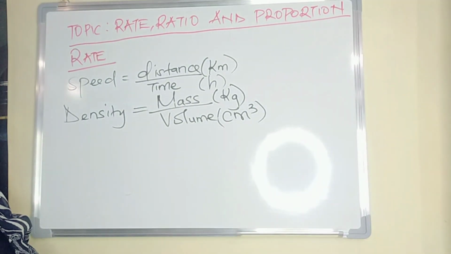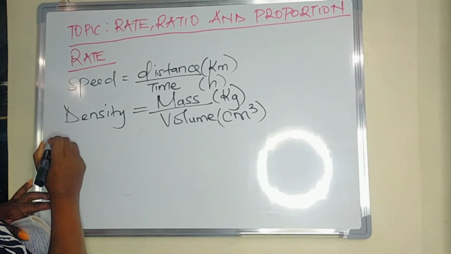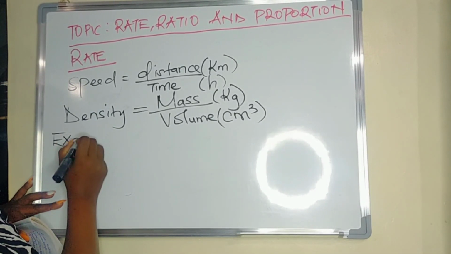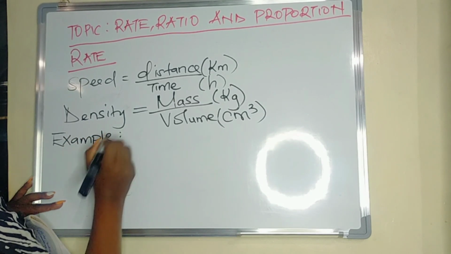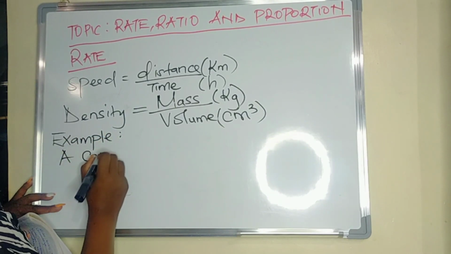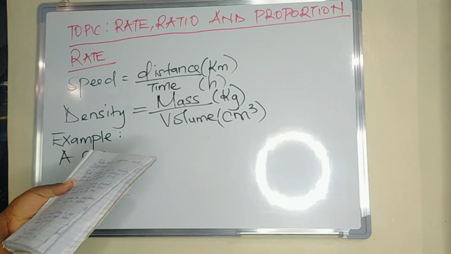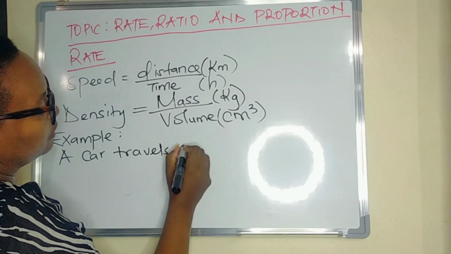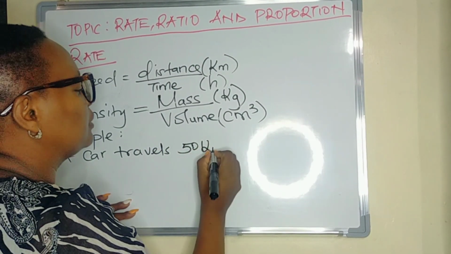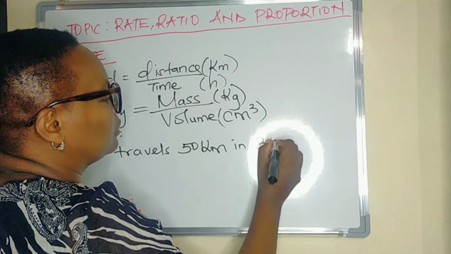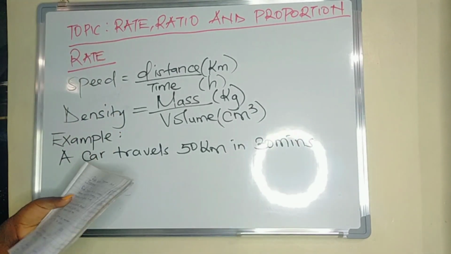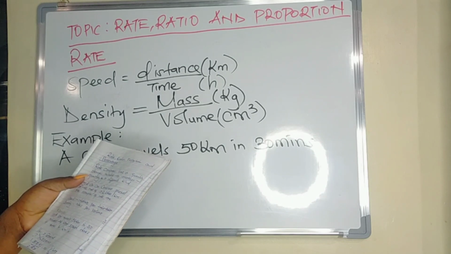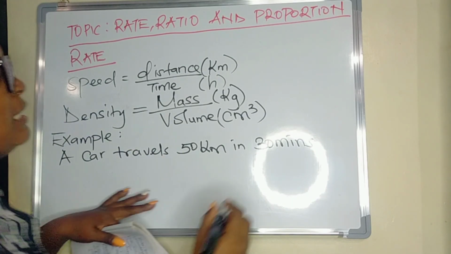Now, let's look at an example on how we work out questions involving rate. Example 1. A car travels 50 kilometers in 30 minutes. At what speed does it travel in kilometers per hour?